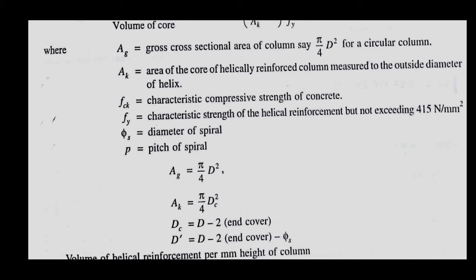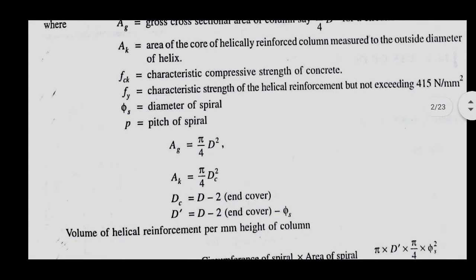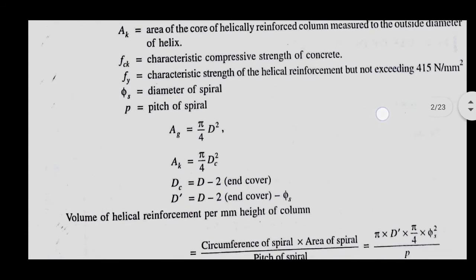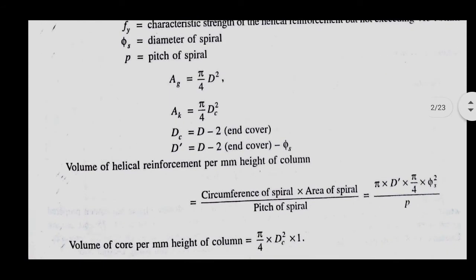This is how we can find the inner diameter of the core. So the outer diameter of the core is dc and the inner diameter of the core is D dashed. Volume of helical reinforcement per mm height of column is equal to circumference of spiral into area of spiral by pitch of spiral.